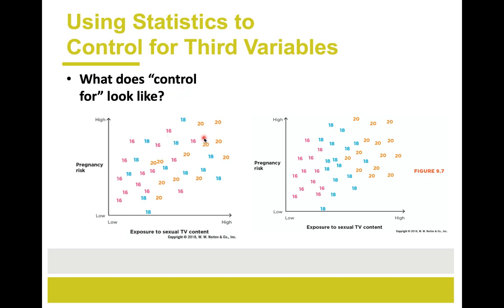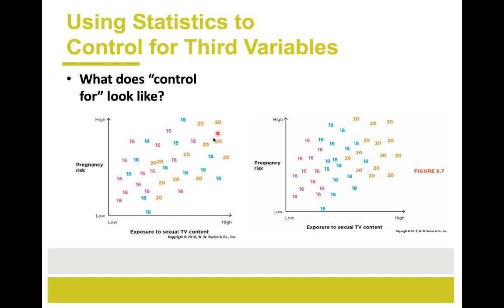And here our third variable is going to be age. We look at 16-year-olds, 18-year-olds, and 20-year-olds. Let's focus on this figure on the left over here. Every number 16, imagine that means that this data point is from a 16-year-old. Same thing for 18 and same thing for 20.